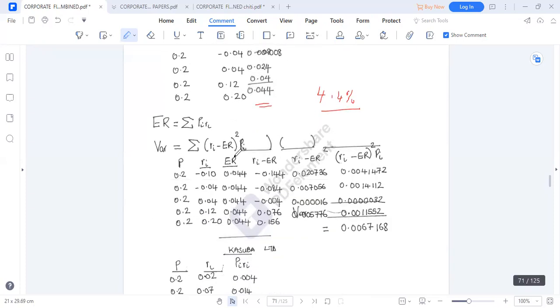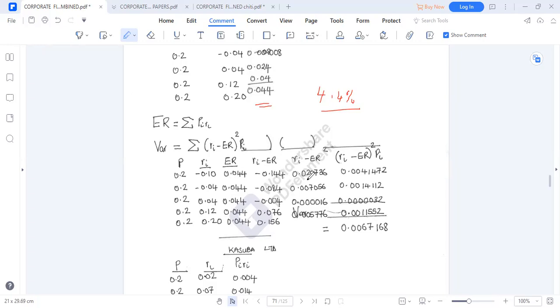All right, to calculate the variance, we're going to subtract 0.044 from each of the returns. So we spread out the probabilities, 0.2, and the returns 10%, 4%, up to 20%. I just brought down the expected return of 0.044 and subtract it from the return, so 0.10 minus 0.044.